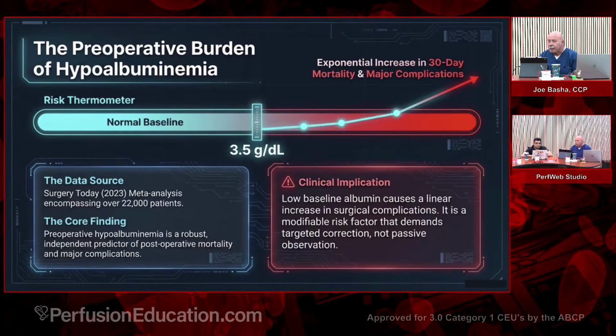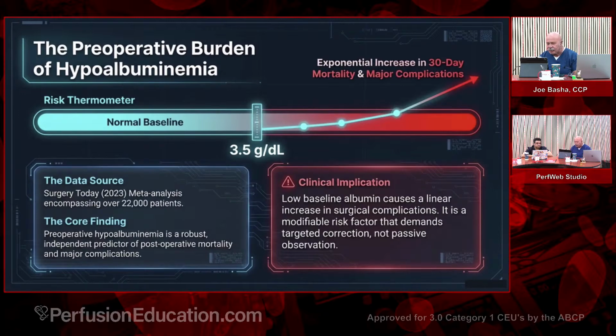The preoperative burden, you have a normal, and then you have a 3.5 as your low normal, and then as you can see over the course of time, there's a dramatic increase in mortality and major morbidity when your albumin level is below that.